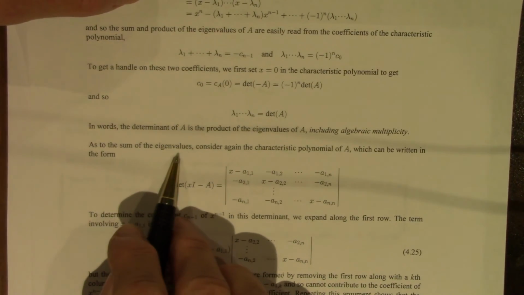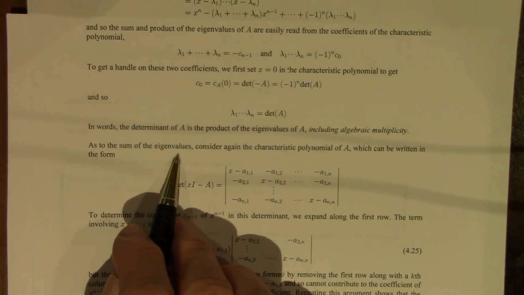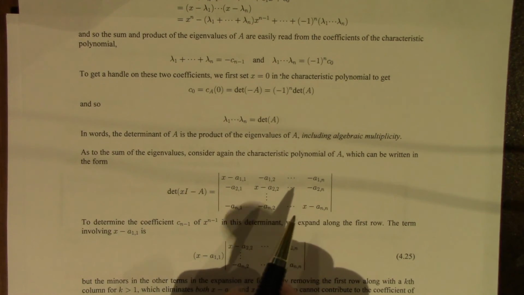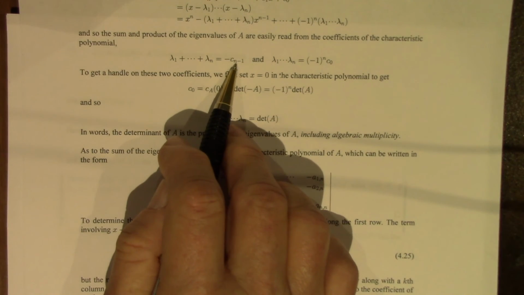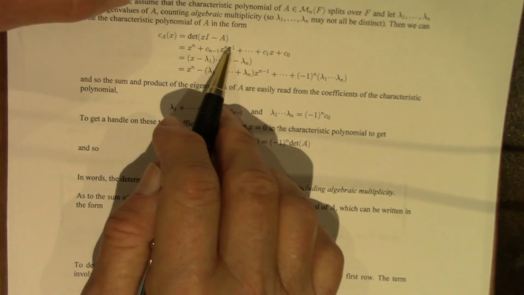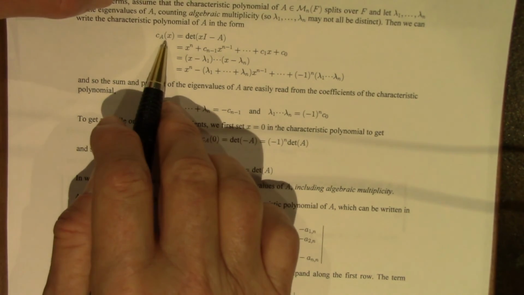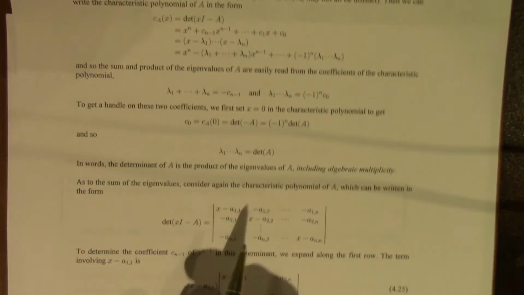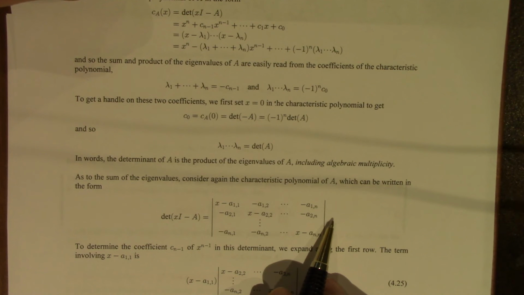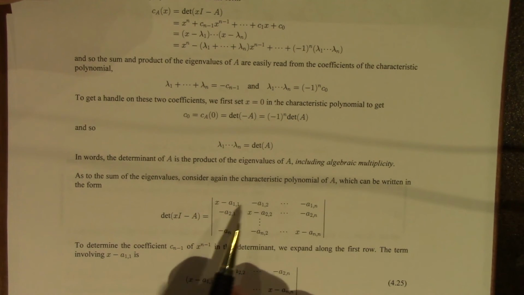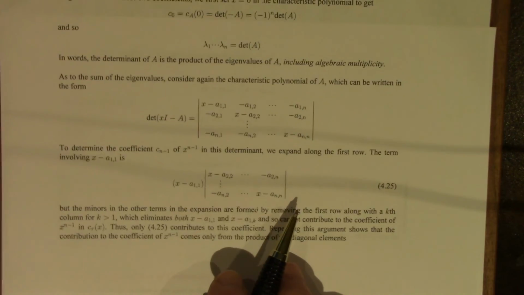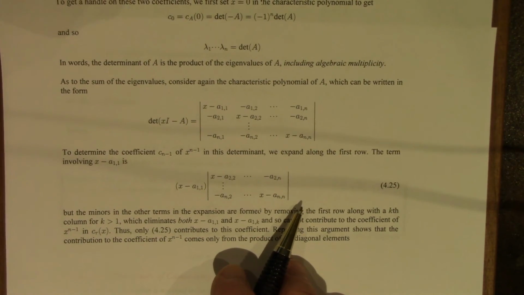As to the sum, you have to work a little bit harder. What we're looking for is the coefficient of x to the n minus 1 in the characteristic polynomial. So if I write the characteristic polynomial this way, we need to figure out, if we expand this determinant, what the coefficient of x to the n minus 1 looks like.